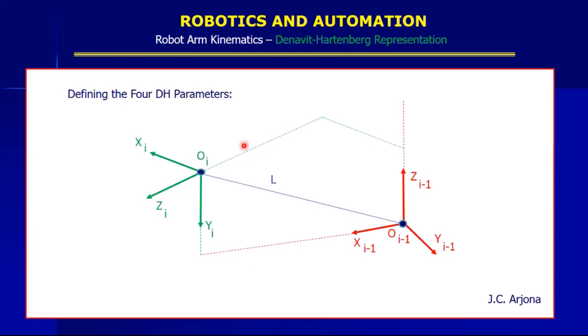Now this line is in the same direction as the xi. Then bringing up the line here to be parallel with this and also this one. Then bringing the line to connect as the intersection and perpendicular with each other.